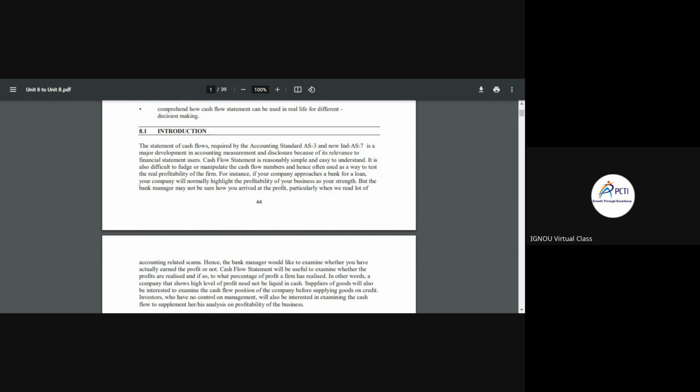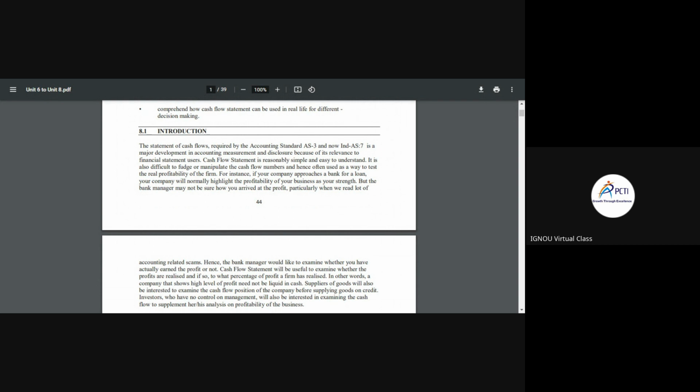And it is basically a major development in accounting measurement and disclosure because it is relevant to financial statement users. The cash flow statement is simple and easy to understand, and to test the real profitability of the firm, we need to maintain a proper cash flow statement.